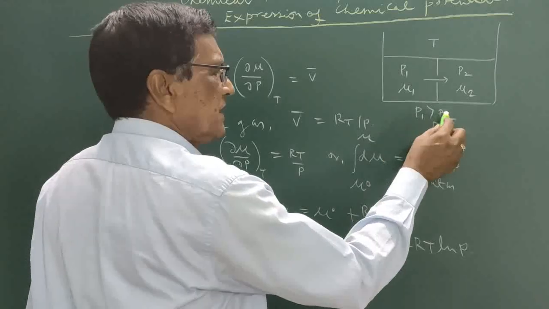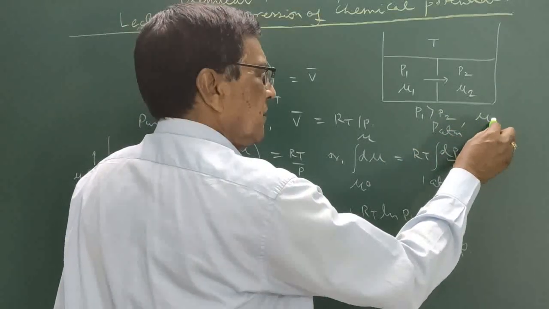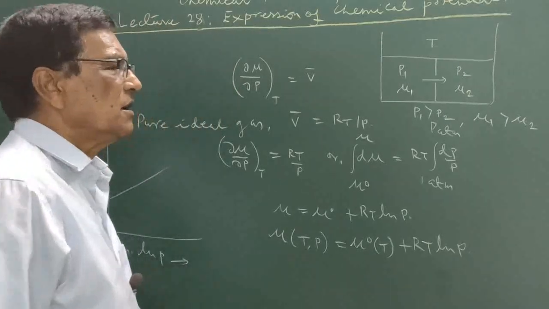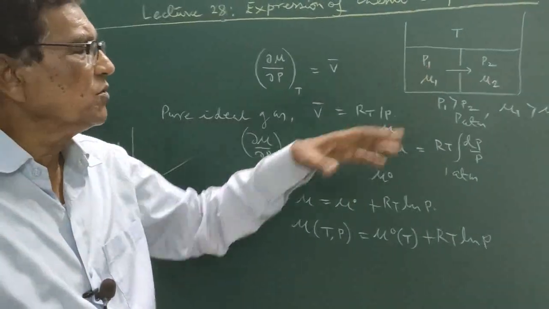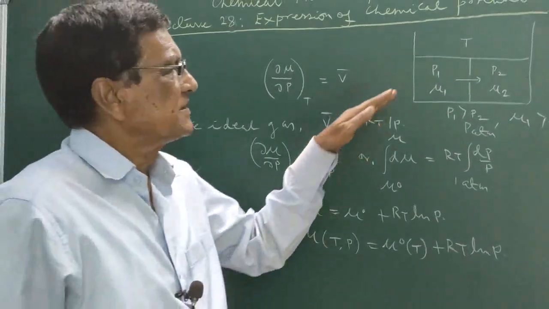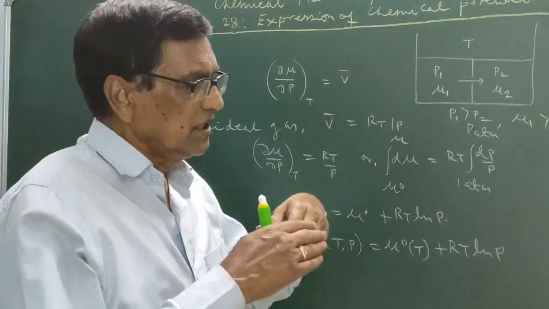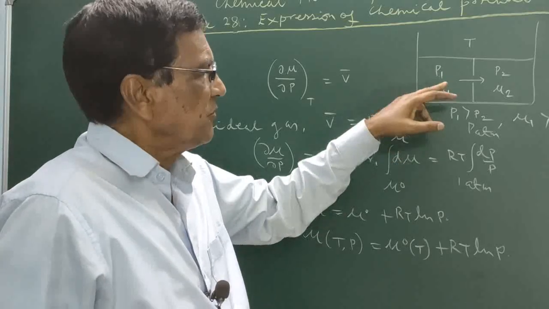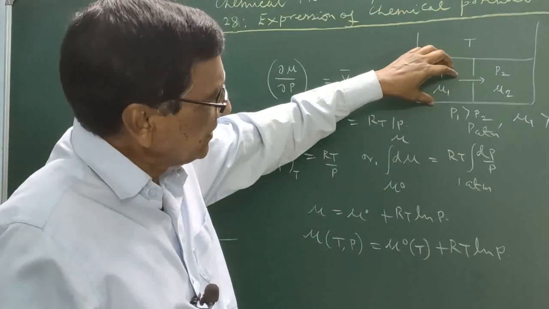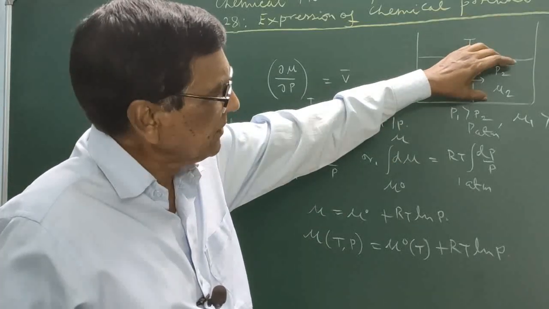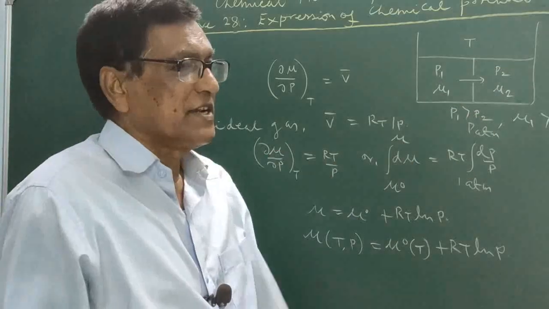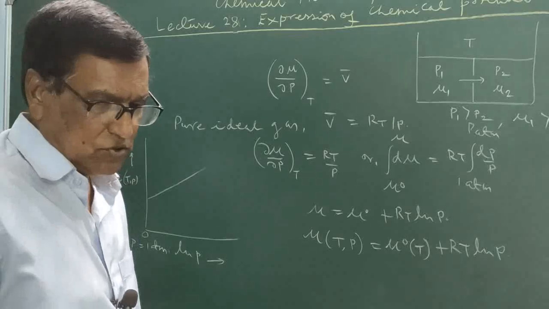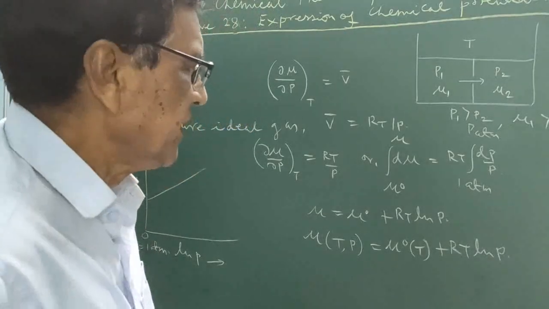Since P1 is greater than P2, mu1 is greater than mu2. So instead of saying pressure, we can also say that any substance, not only this gas, will move spontaneously from a region of high chemical potential to a region of lower chemical potential at constant temperature. So this chemical potential is very important.